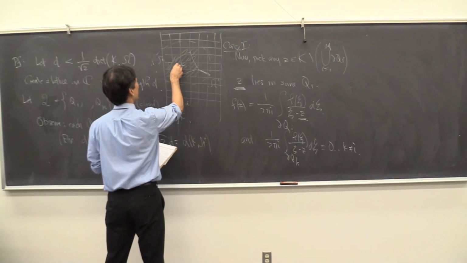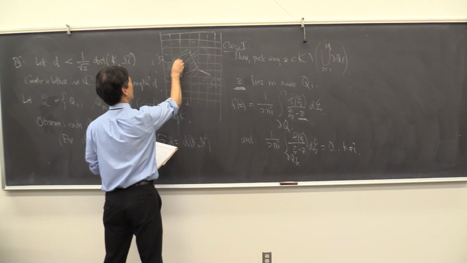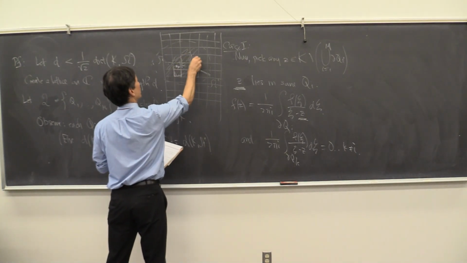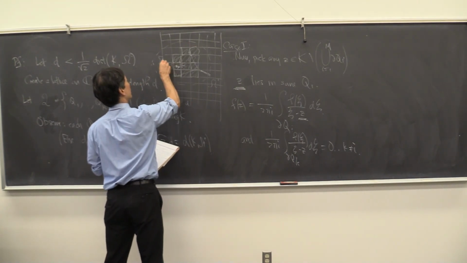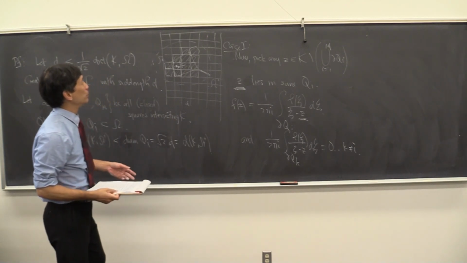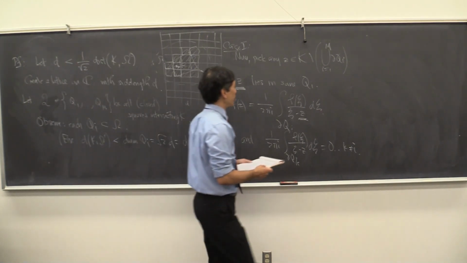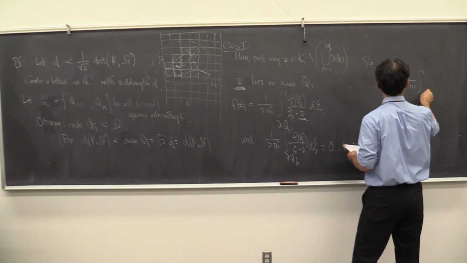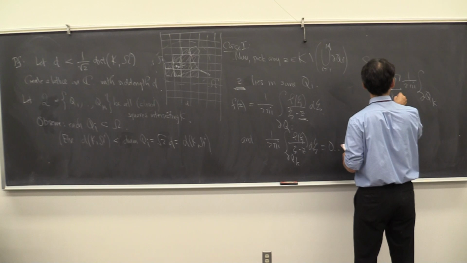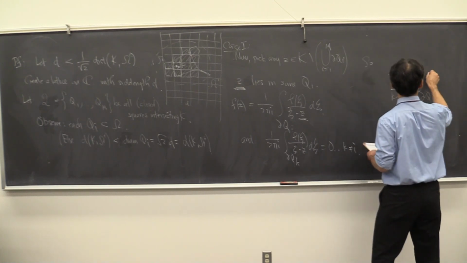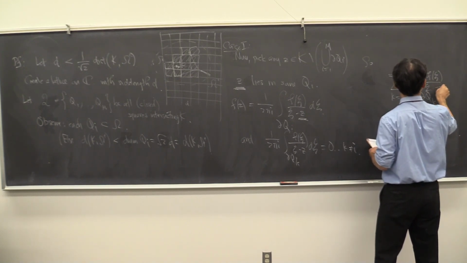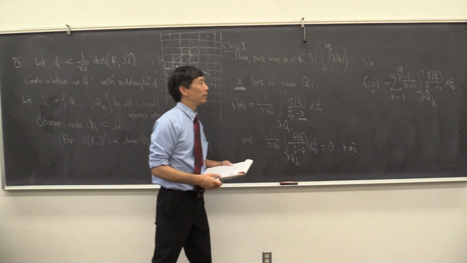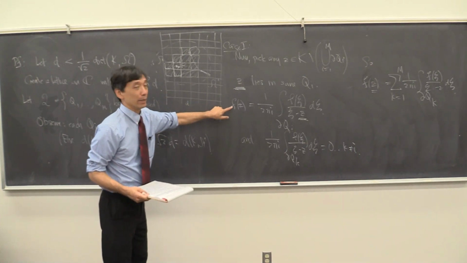If this is our z, we get f of z when we integrate over that one, and we get 0 when we integrate over all the others. So if we add all that together, the sum of the integrals over the boundary of Qk as k ranges from 1 to n is going to give us f at that point, because we got a bunch of zeros and we also get the value itself.